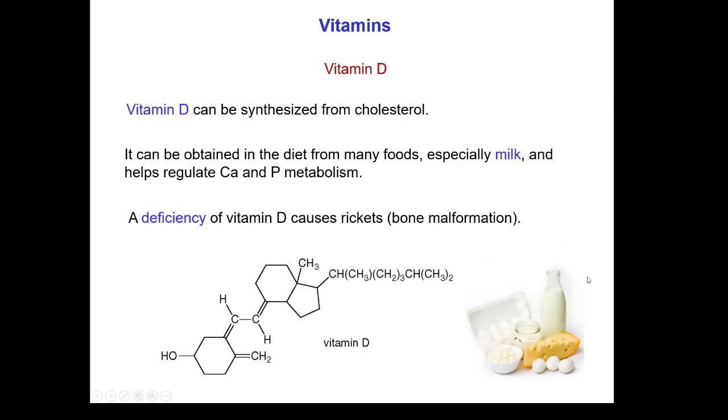Vitamin D can be synthesized from cholesterol. It's obtained from our diet, specifically milk and dairy. It helps regulate calcium and phosphorus metabolism. Deficiency in vitamin D can cause rickets, which is a bone malformation.